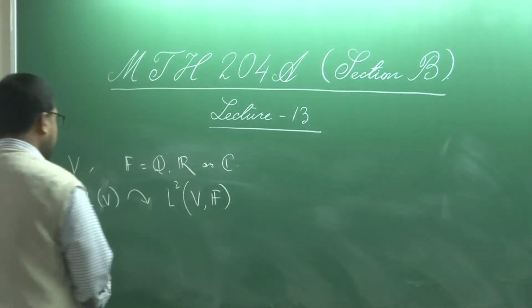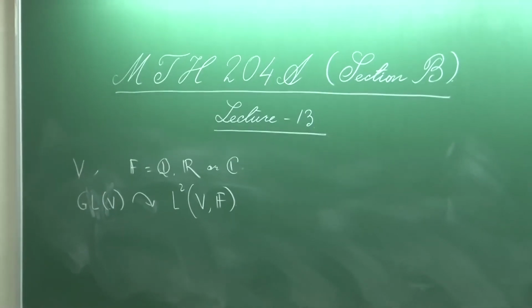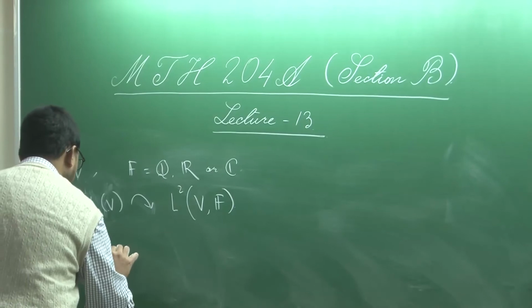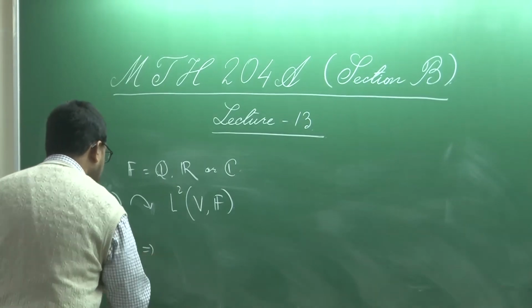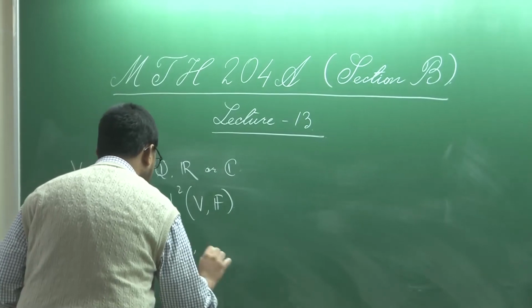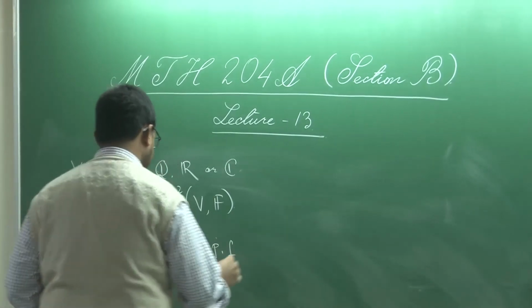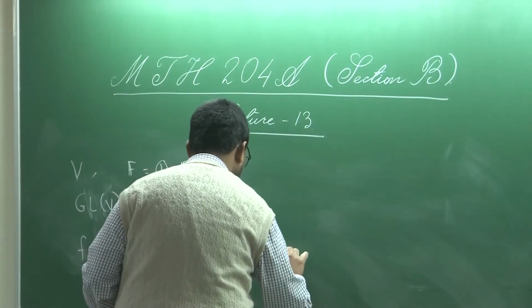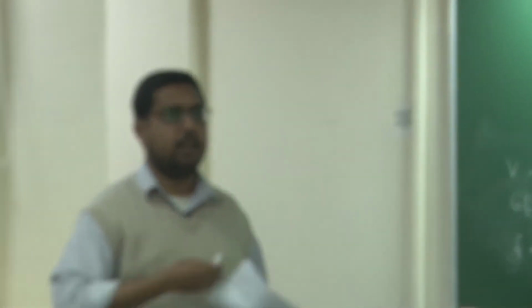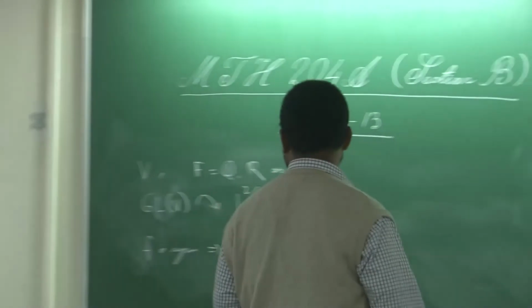Even more, we can see something more intelligent: if f is a symmetric bilinear form, then for any P, Pf is also symmetric. Therefore a symmetric bilinear form and one which is not symmetric cannot lie in the same orbit.